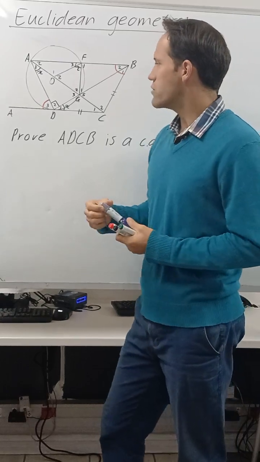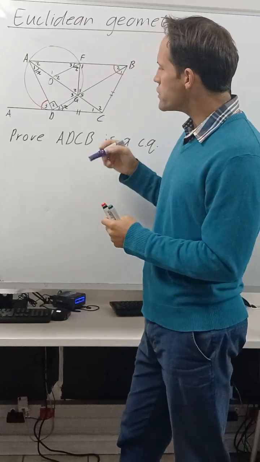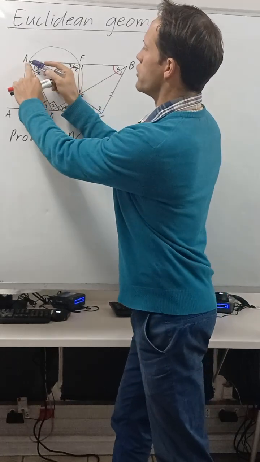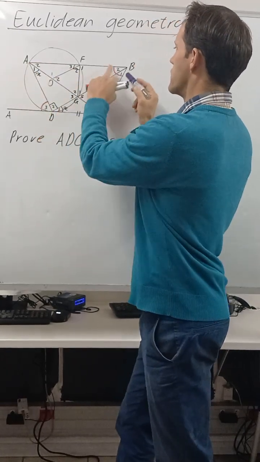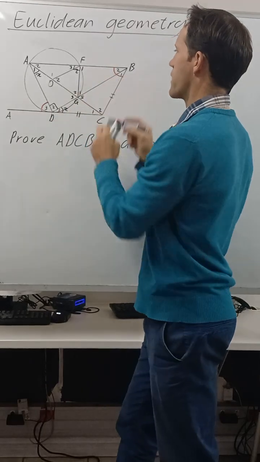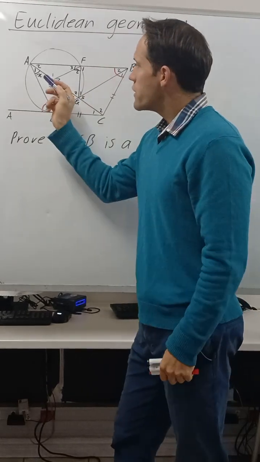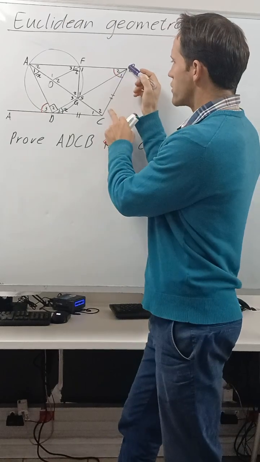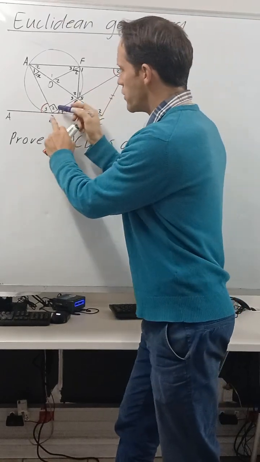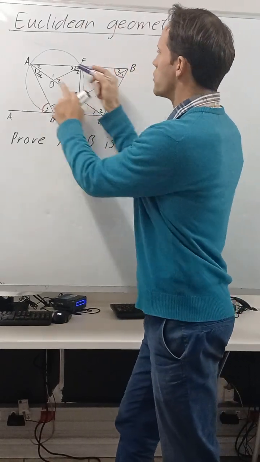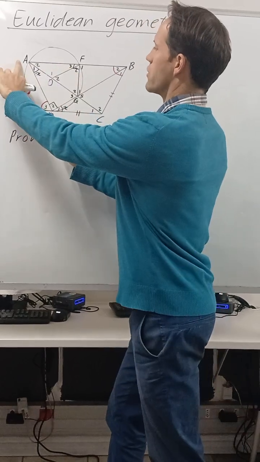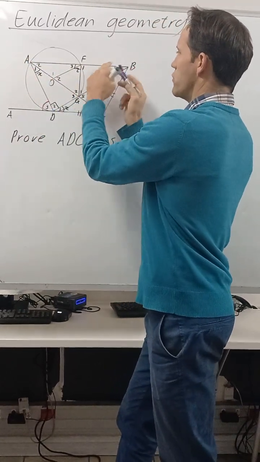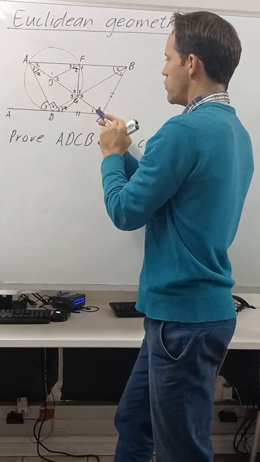The other option is to say, if I can show that from one chord you get equal angles, the chord subtends equal angles. So if I can show that A1 is equal to B1, or if I start here and I can show that D1 is equal to A2, or if I start here, B2, and this way C1 is equal.